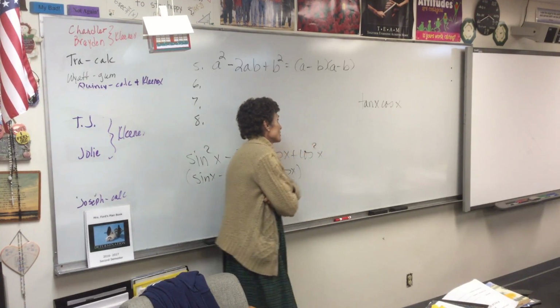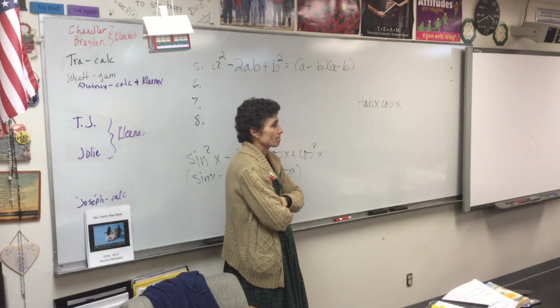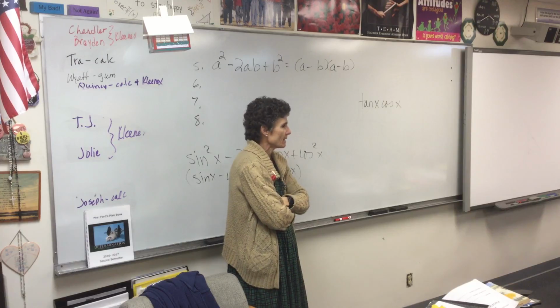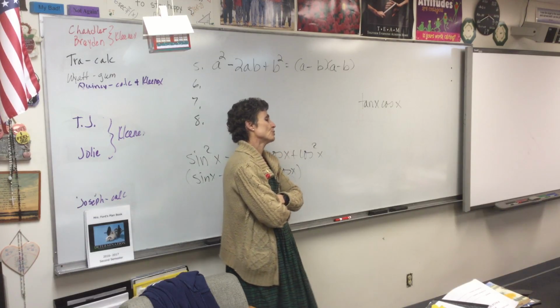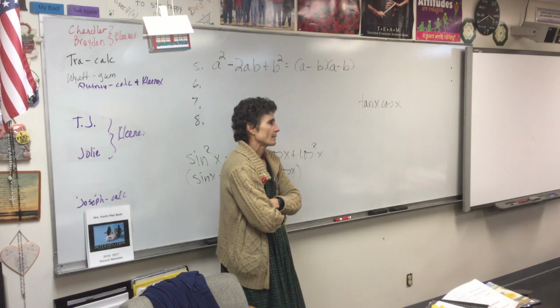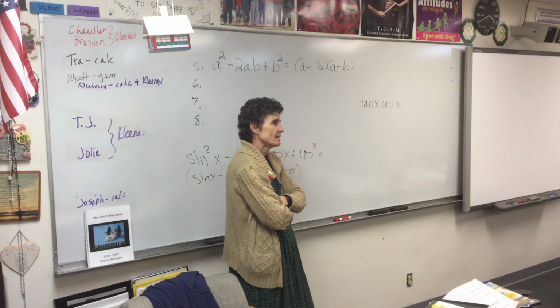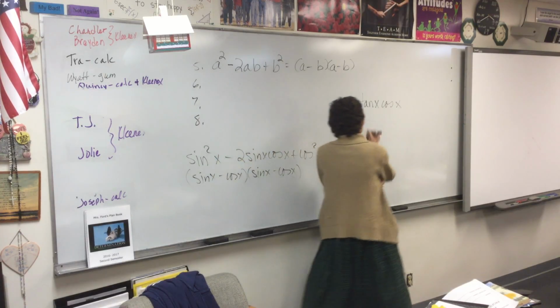All right. So, what do you think? Your job is to simplify that. Think about your identities. What's the one I told you you would use every single day? It was the quotient identity that says tangent is sine over cosine.